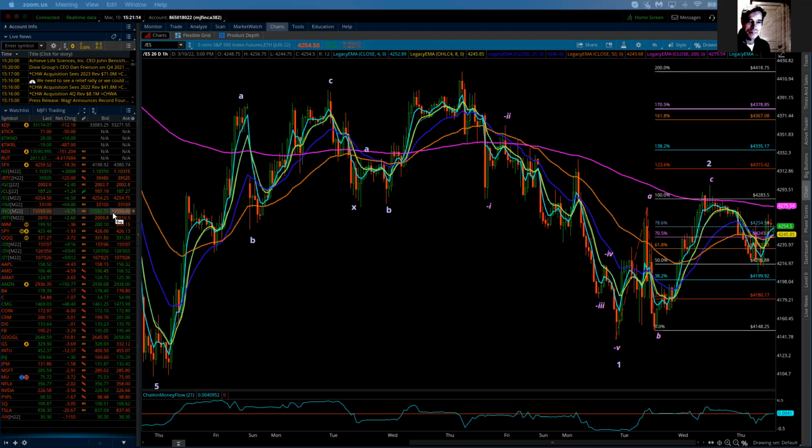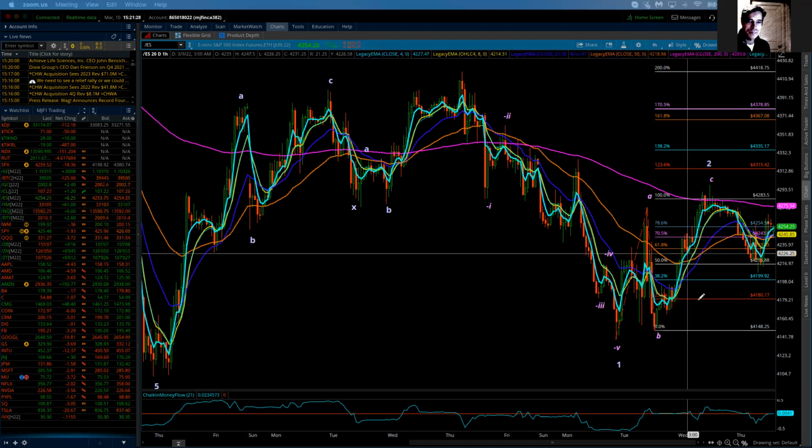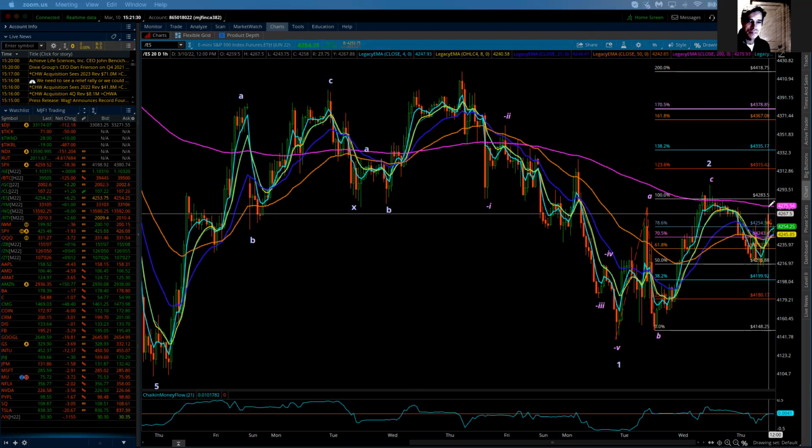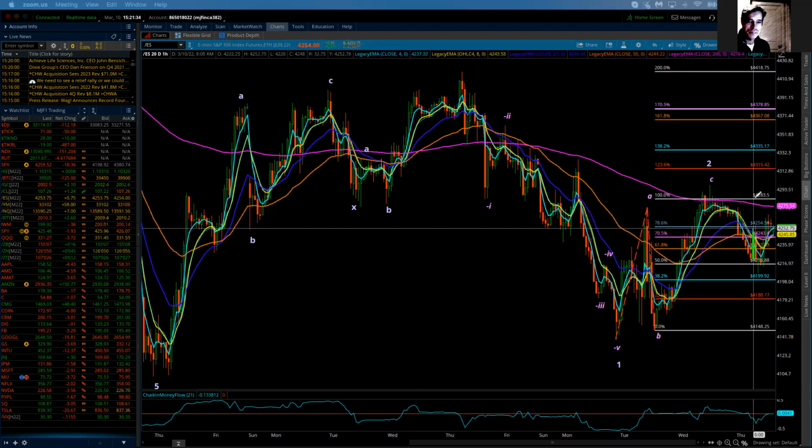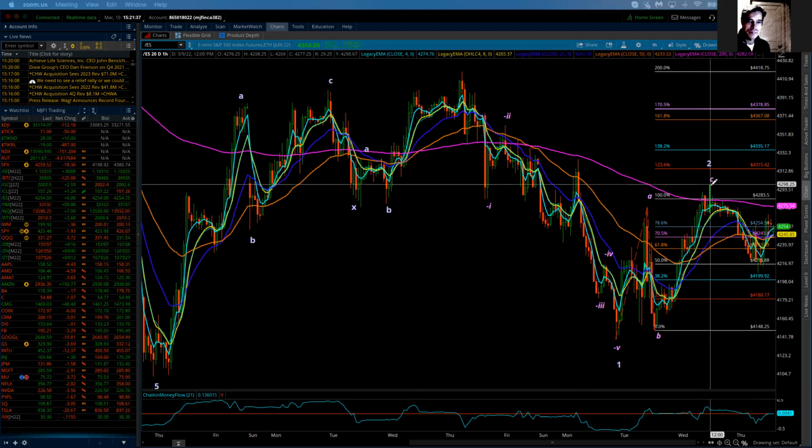So back to what the market can do. We need to leave room for a continued rise within the structure of a minute wave 2. So if we break higher, we break this hourly 200, we break above this light support, which really should be up here at 42.98, we start heading above 4,300.